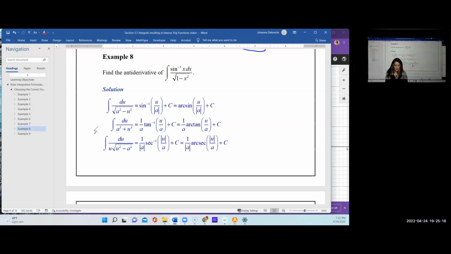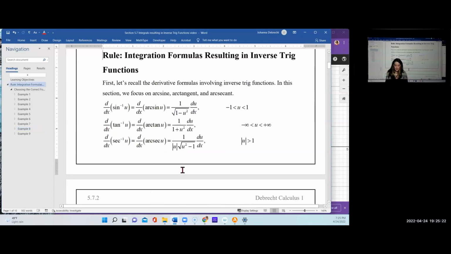Remember, way long time ago, we talked about the derivative rules. The derivative of arcsine of U is 1 over radical 1 minus u squared times du dx. If the argument to the function is just x, derivative of x with respect to x gives us a 1.